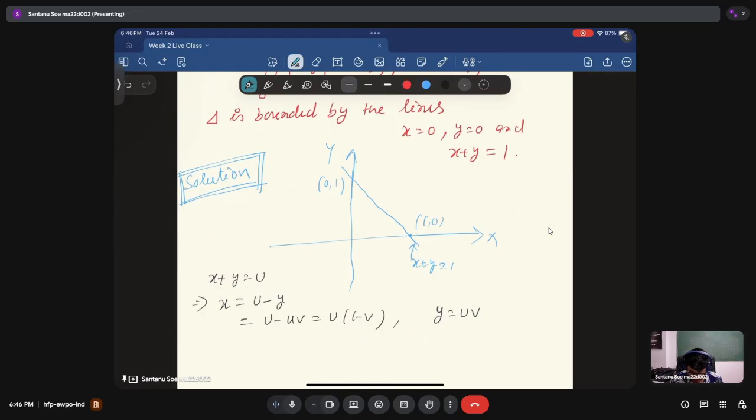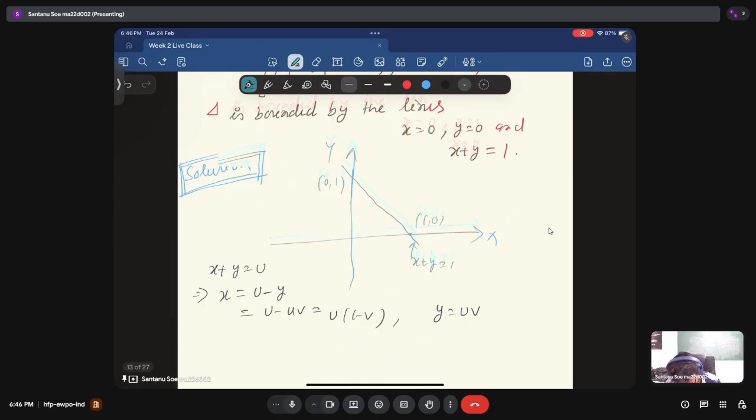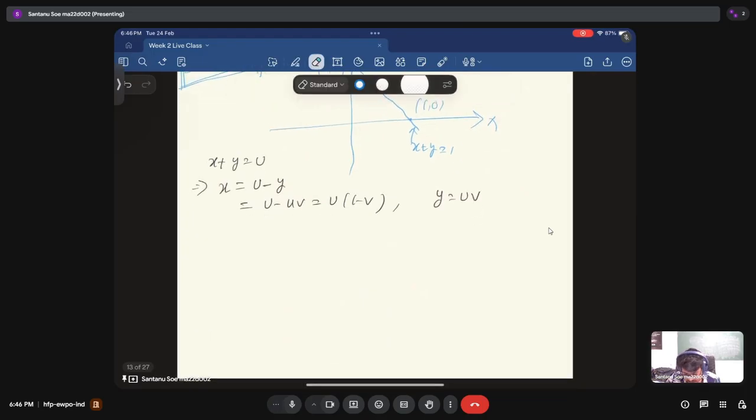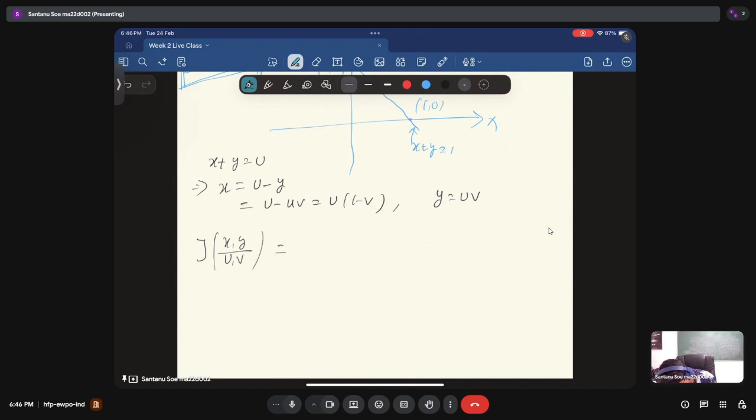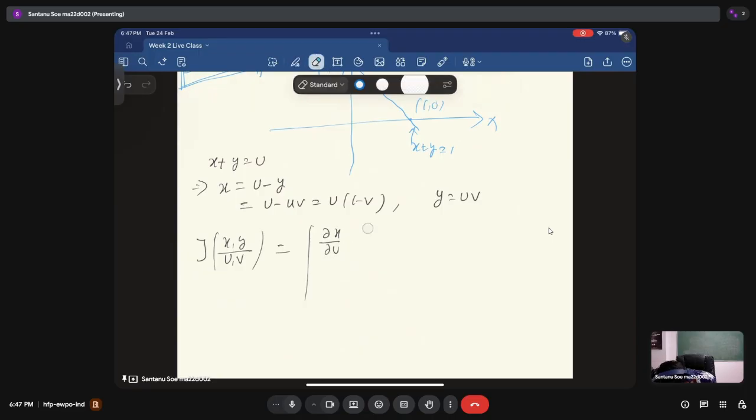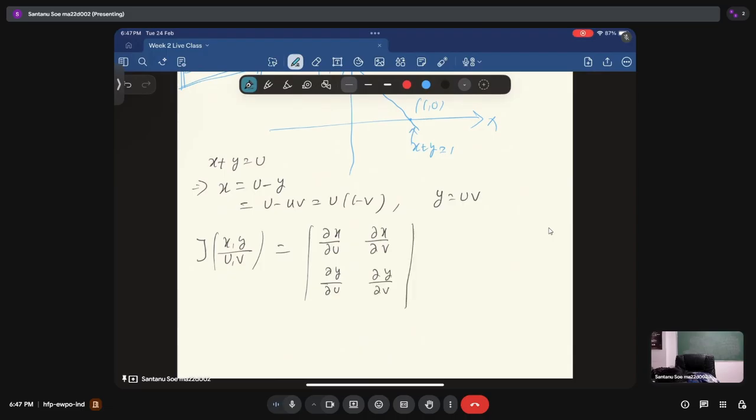Now we'll calculate the Jacobian. Since we are doing a change of variables, we have to calculate the Jacobian. Our Jacobian will be J of xy by uv. So this is gonna be del x del u, del x del v, del y del u, del y del v. Correct.